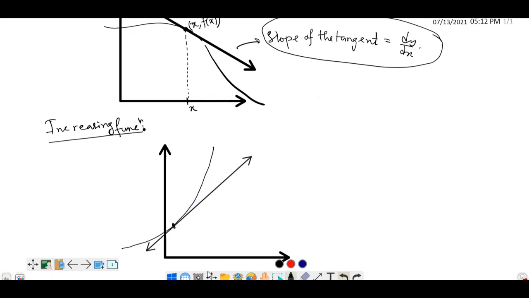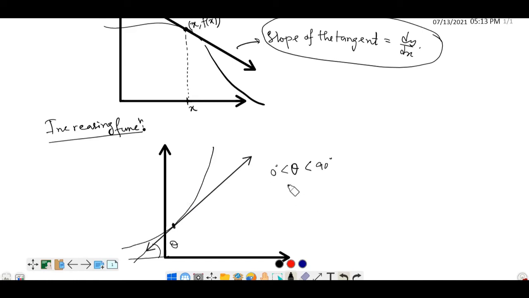If you see carefully, if you extend the tangent a little bit here and the axis also, then you see the slope of the tangent makes an acute angle. So the inclination is theta. You can easily see it is less than 90 degrees. That means theta is in the acute part.